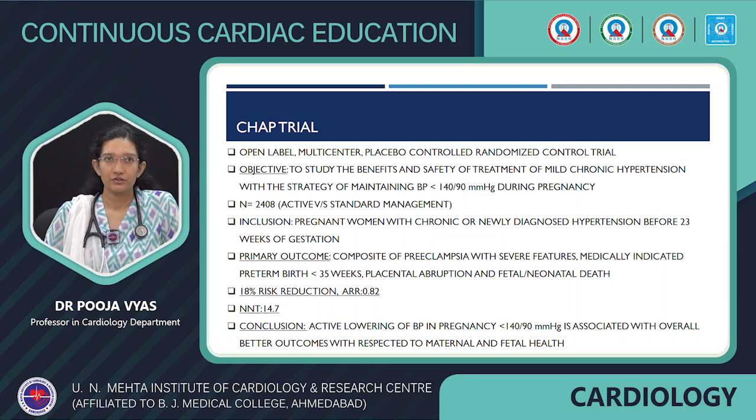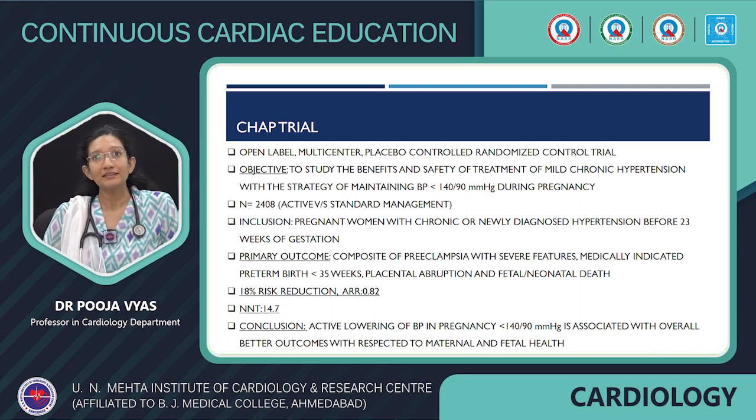100 millimeter of mercury. So it was active versus standard management, and inclusion criteria were pregnant women with chronic or newly diagnosed hypertension before 23 weeks of gestation. The primary outcome was a composite of preeclampsia with severe features, medically indicated preterm birth at less than 35 weeks, placental abruption, and fetal or neonatal death.